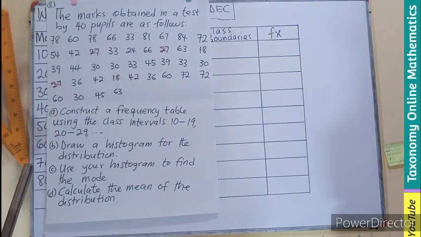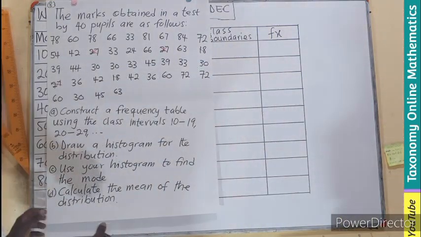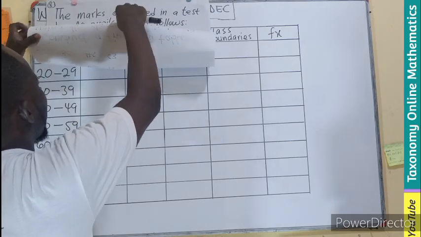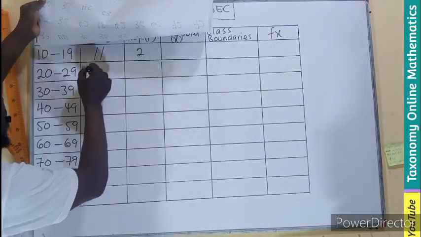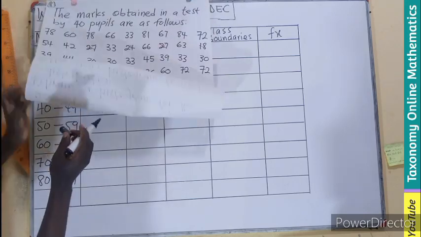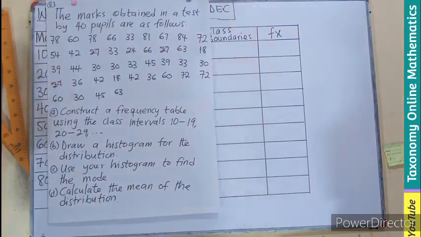So that will be 3. So this 3 will take the tally and as well take the frequency. So we have 1, 2, 3, and 3 in there. Next will be 30 to 39.